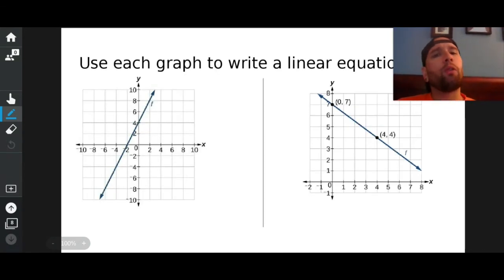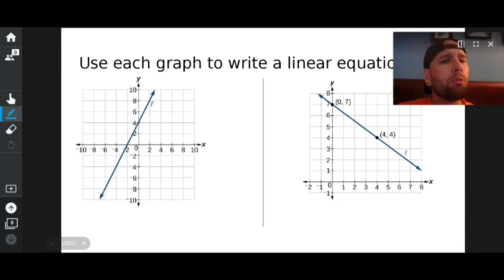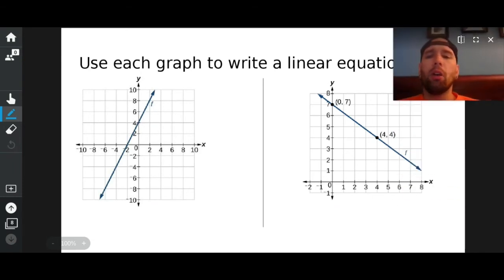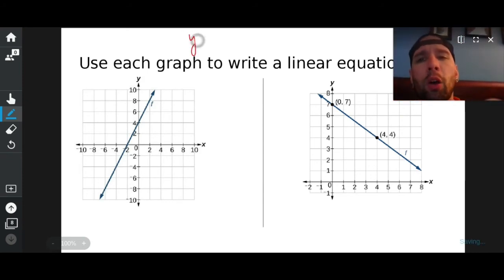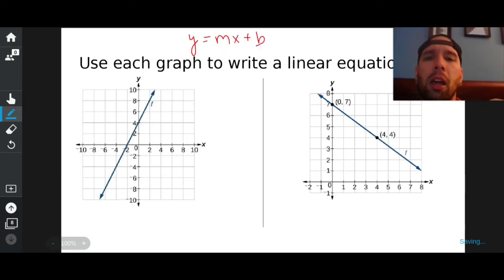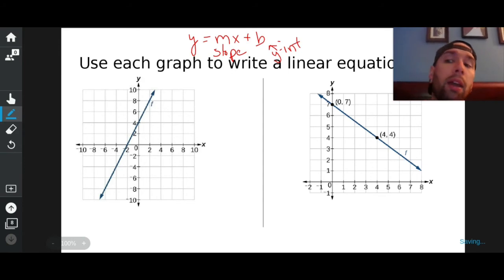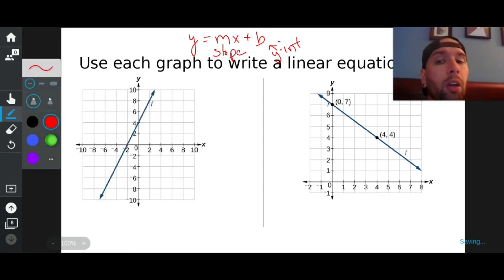Use the graph to write a linear equation. Oh, equation. All right, so I want to turn each of these into a linear equation. Linear equations are given to us as y equals mx plus b. M is the slope, and b is the y-intercept. So what I have to do is I have to find the slope, and I have to find the y-intercept of each.